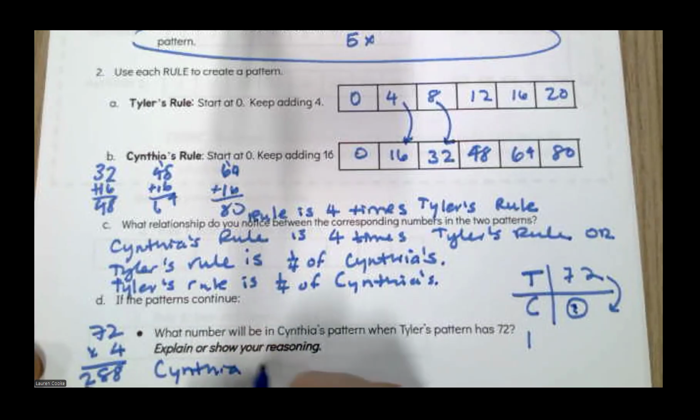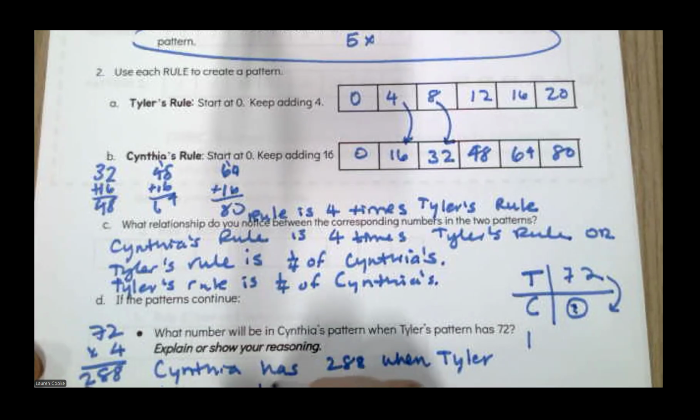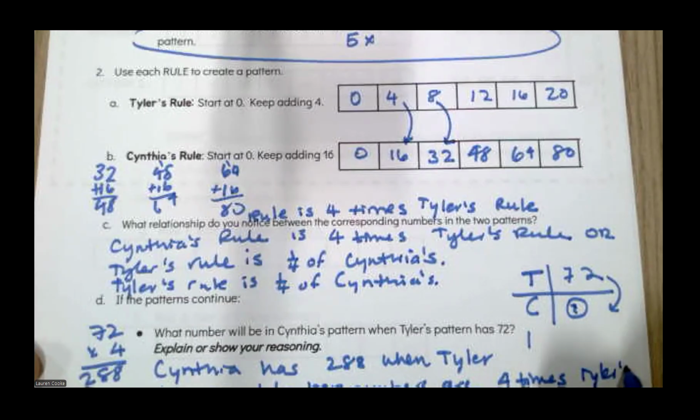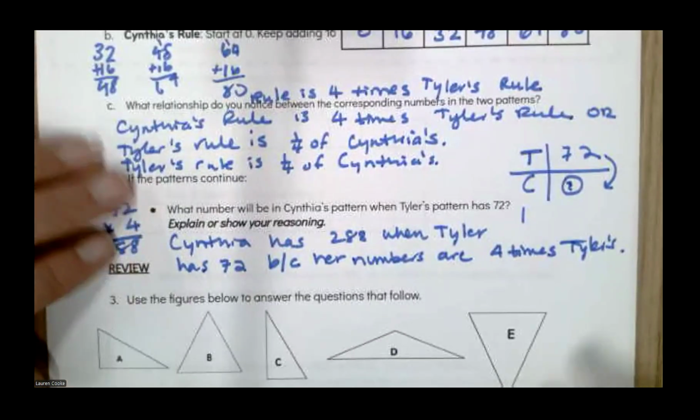Cynthia has 288 when Tyler has 72, because her numbers are 4 times Tyler's. Okay. And then we're going to use the figures below to answer the questions that follow.